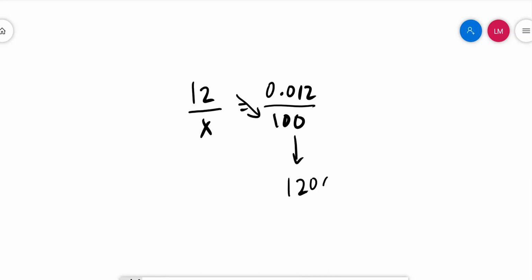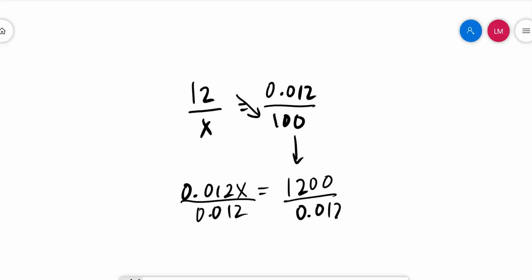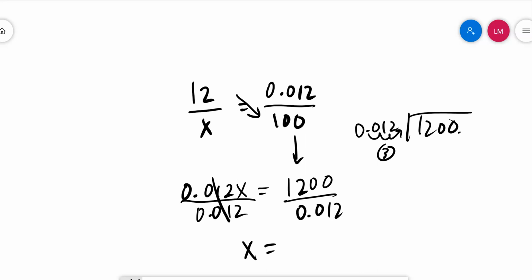Just add 2 zeros. And then this is 0.012x. Now remember, because we are dividing by a smaller number, our answer is going to get bigger. So I'm going to put the 1200 on the inside, the 0.012 on the outside. We swing 3 times here.